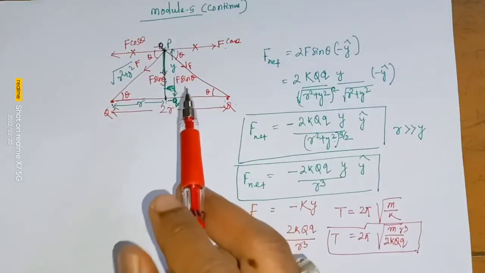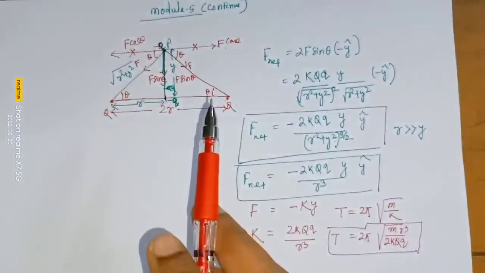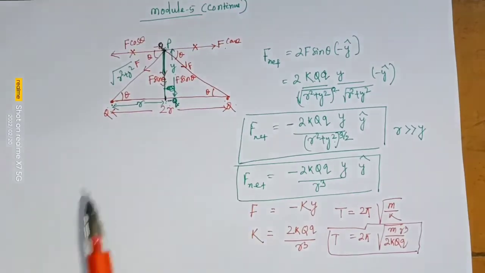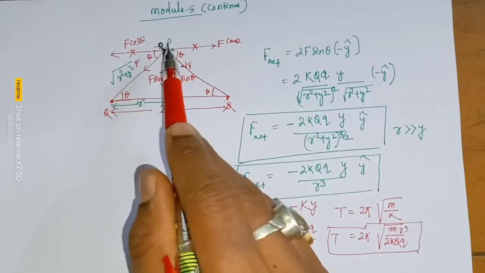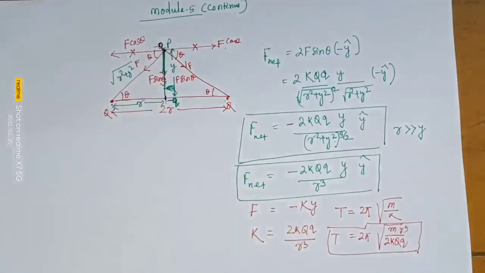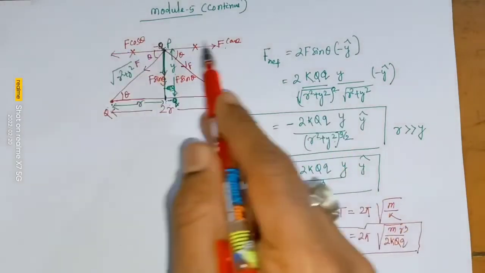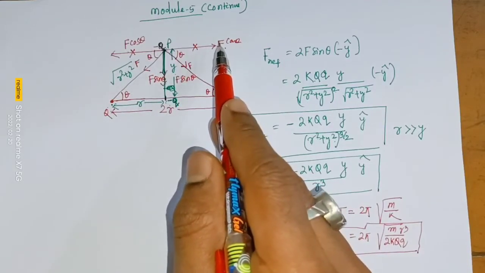When you displace something and it returns back to its original position, one can say yes, SHM is happening. When SHM is happening, always look at the final situation of the charge and write the net force there. Here F cos theta and F cos theta have equal magnitudes but opposite directions, so they cancel out.